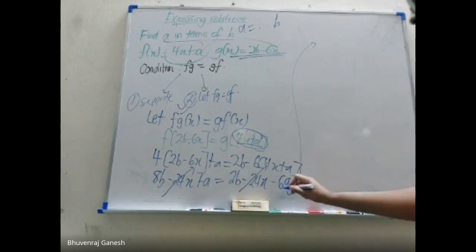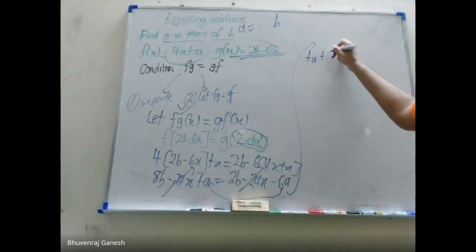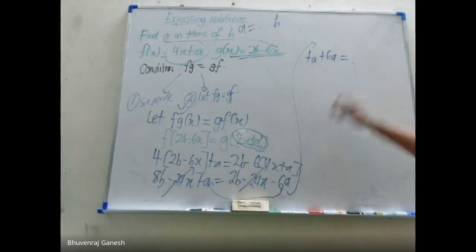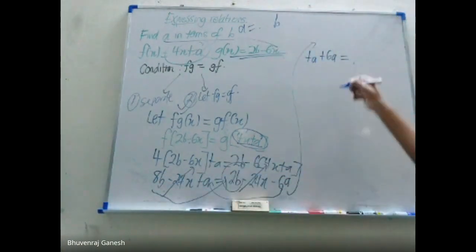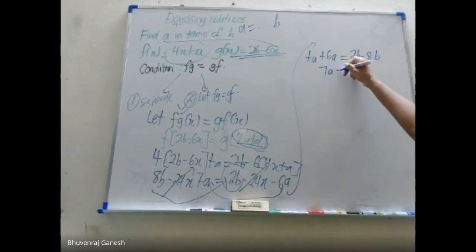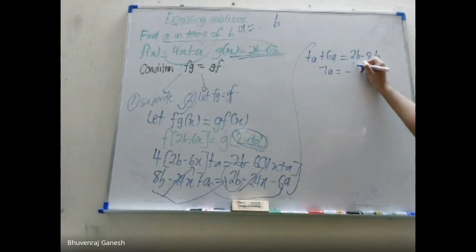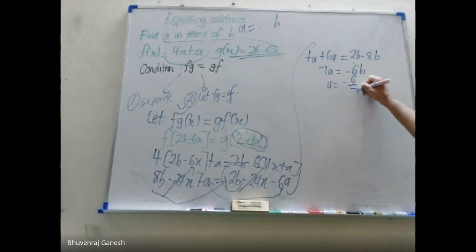So I'm going to shift this to here. So plus a plus 6a equals to 2b, and shift this here, 2b minus 8b. So you will get 7a is negative 6b. And a equals to negative 6 over 7 b.